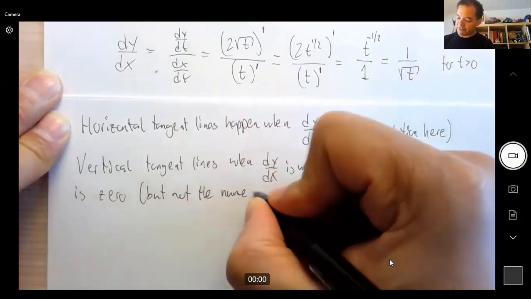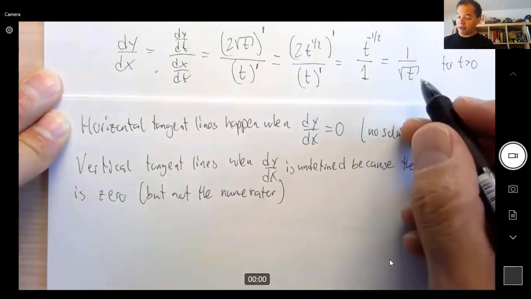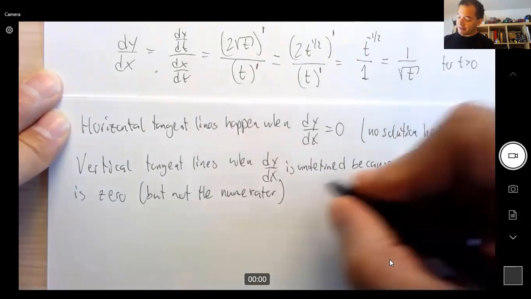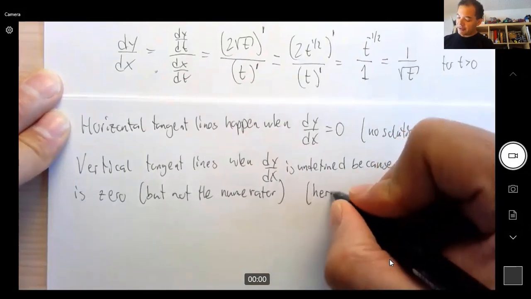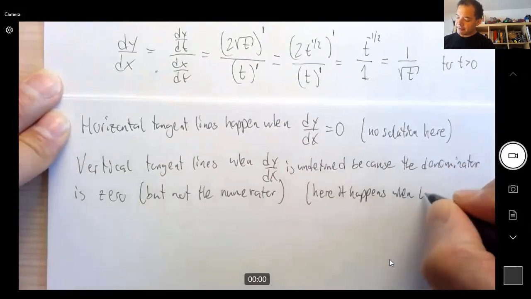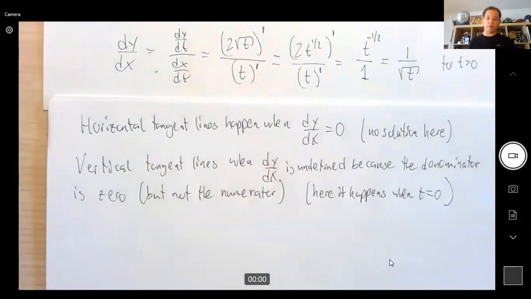That's important because if you get 0 over 0, it may be something else, right? And when does that happen? Here it happens when t is 0. And we'll show a picture in just a moment, but before I show the picture, I want to do part B.